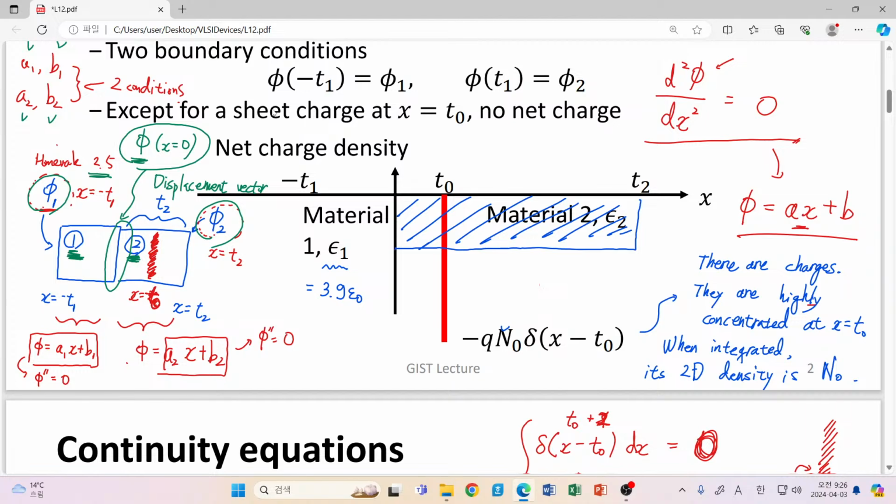It is just a constant over our material number 2. So this one is uniform charge, and this one is just sheet charge. So you are now looking at the case of sheet charge density.